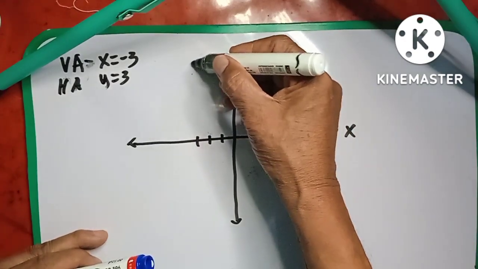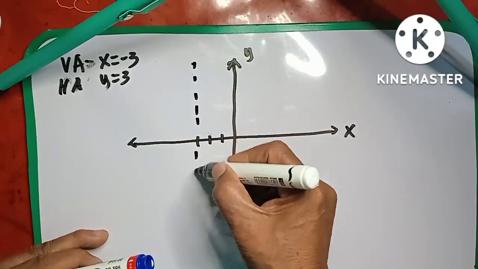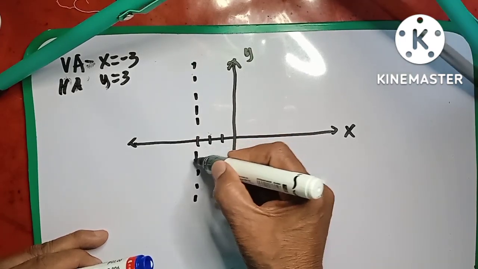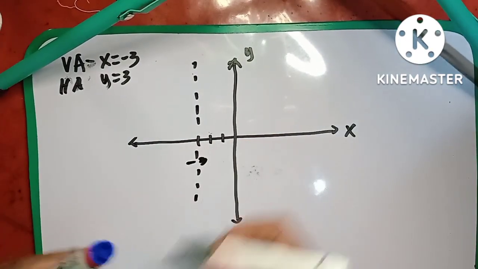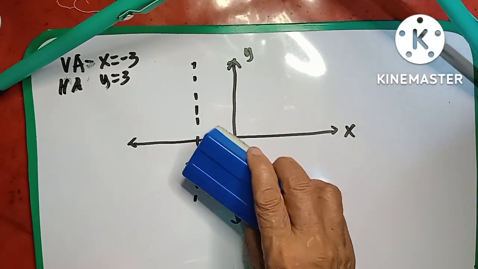So it is the vertical asymptote, negative 3.